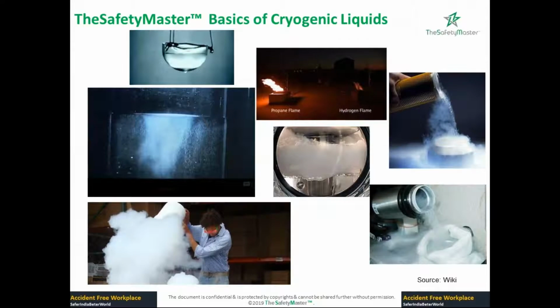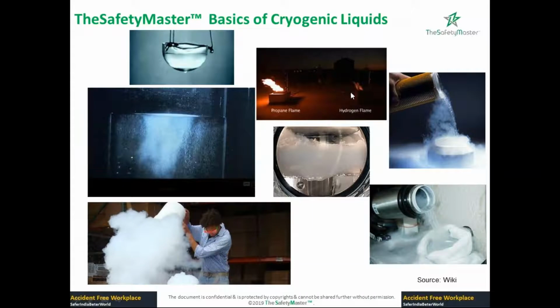Now, these are some pictures of cryogenic liquids. The one on the top left is liquid helium, droplets. Just below this one is also liquid helium. The one which is burning is natural gas, the petroleum gas.